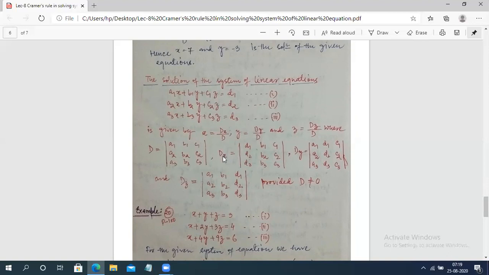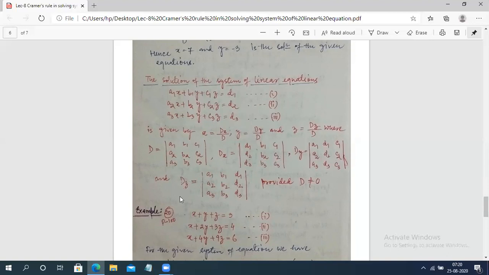Similarly, to find the value of dx, you have to replace the coefficient of x with d1, d2, d3, the constant terms on the right hand side. So the first column will change into d1, d2, d3, and the second and third columns will remain the same. To write dy, you have to change the column of the coefficient of y, that is b1, b2, b3, into d1, d2, d3, and the first and third columns will remain the same.